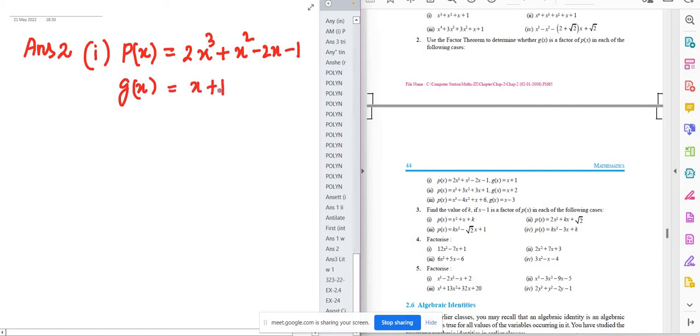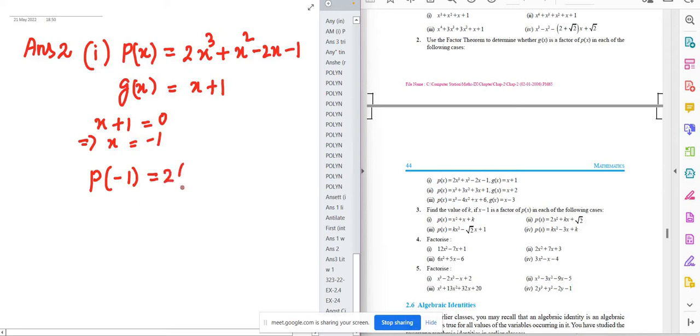So g(x) is a factor of p(x) or not, we have to check. So what remainder will we find? First we decide: x plus 1 equals 0, and x equals minus 1 we get. Then find the remainder, that is p(minus 1).